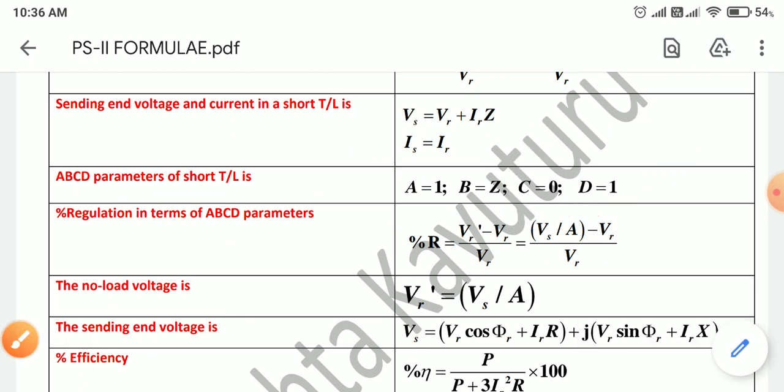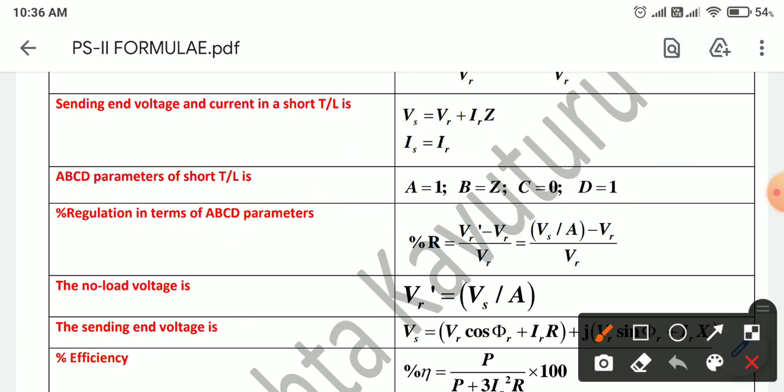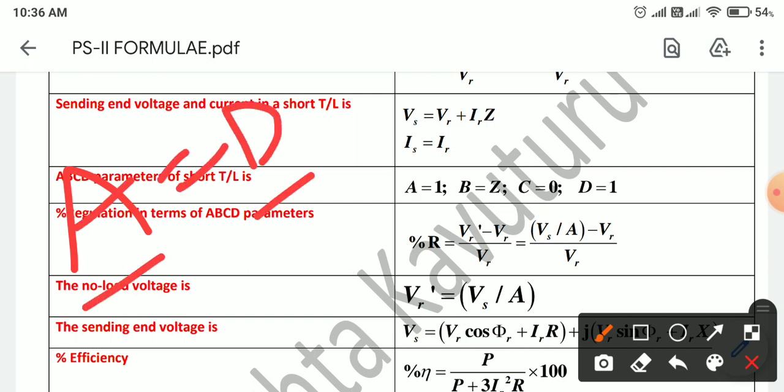Here also, if you observe, there are the condition for symmetry and the condition for reciprocity. First, the condition for symmetry means A is equal to D. If A is equal to D, then that circuit is a symmetric circuit. Here A is equal to D, both values being 1, therefore it follows the symmetry condition.